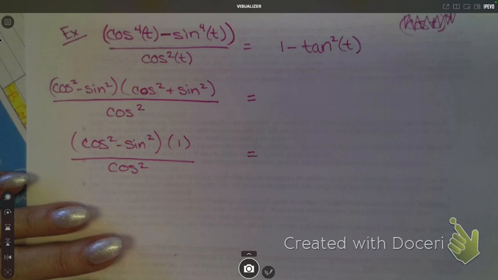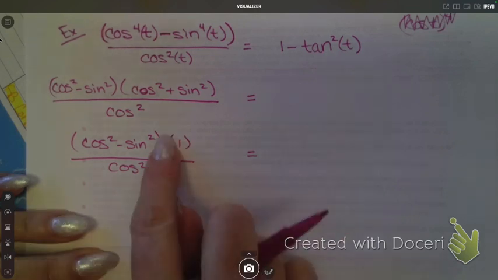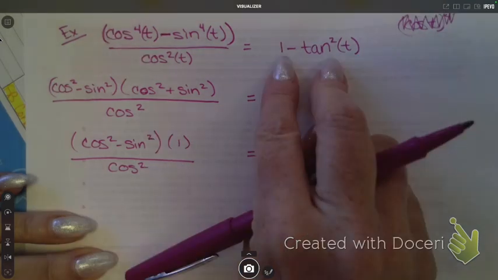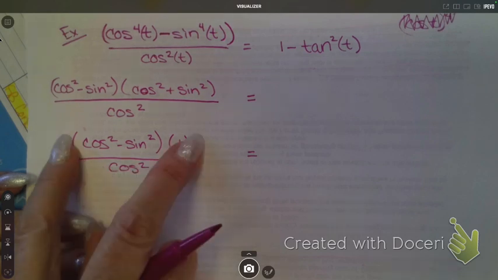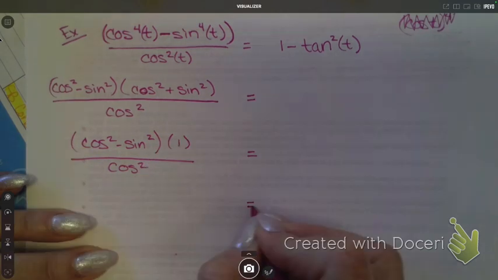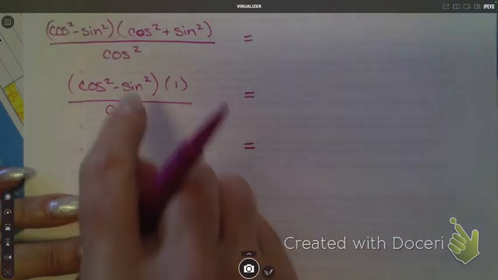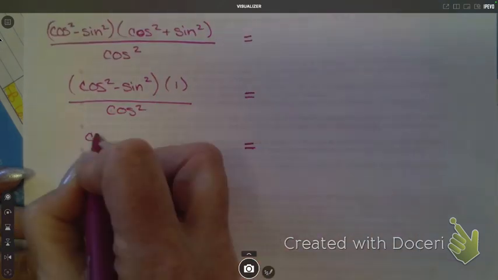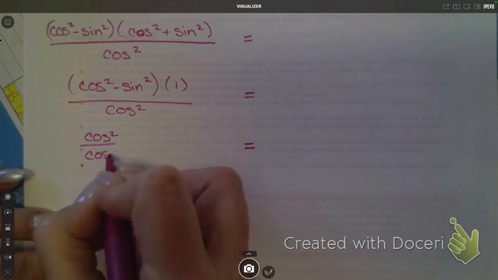Well, I have one thing and I want how many? 2. Can I split this into 2 fractions? Yeah. Okay. See, I'm writing my equal sign first so it kind of stays lined up. So I can separate this into 2 fractions. So I'm going to have cosine squared over cosine squared minus sine squared over cosine squared.